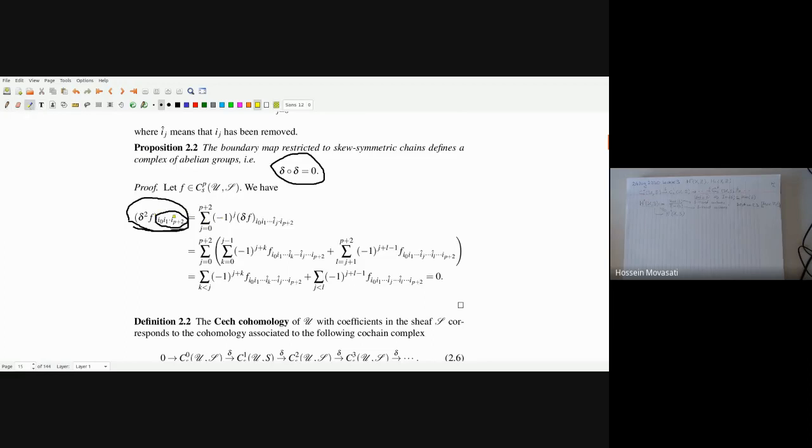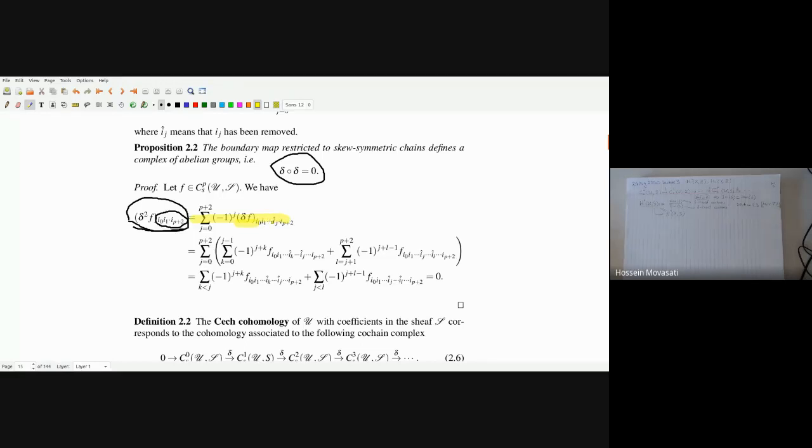We first write the definition of one of these deltas and we get this expression. Now we write the definition of the other delta again here. The point is that in delta f, the index ij is lacking; the hat just means neglecting ij.